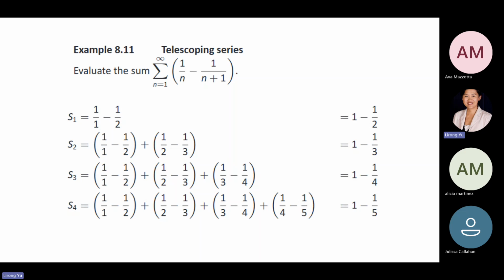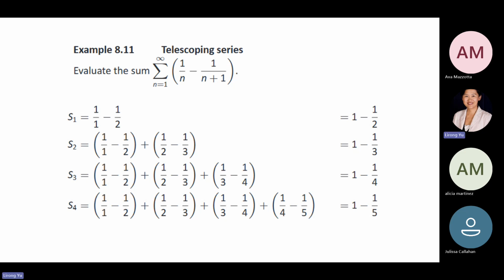Then 1/1 minus 1/2 plus 1/2 minus 1/3. Then S of 2 is the summation of 2 terms, we have 1 minus 1/3. S of 3 is adding 3 numbers in that series. And you can see many of the middle terms are canceled, so the total summation is 1 minus 1/4. S of 4 is 1 minus 1/5.